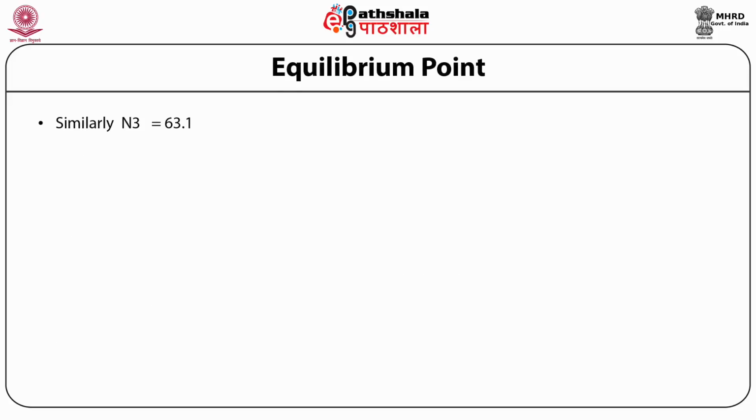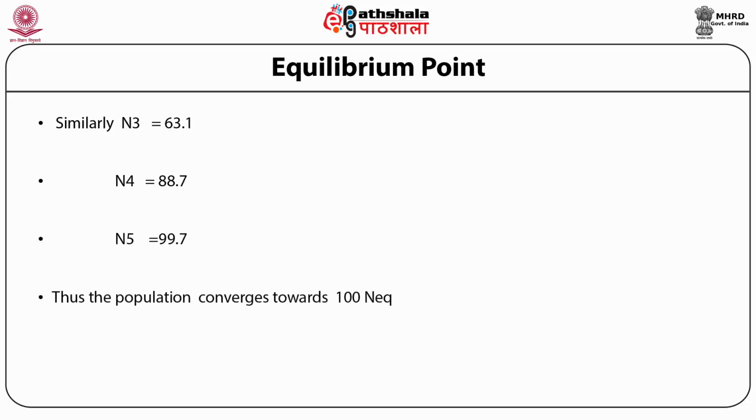Similarly, if we calculate for N3, it will come 63.1, N4 will be 88.7, and N5 will be 99.7. Thus, the population converges towards equilibrium at 100.